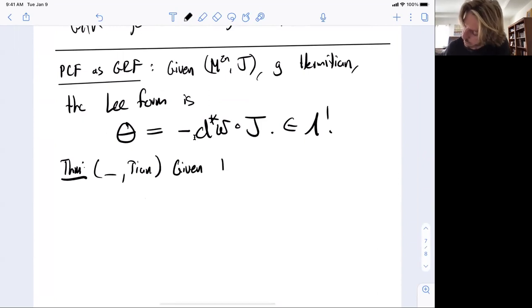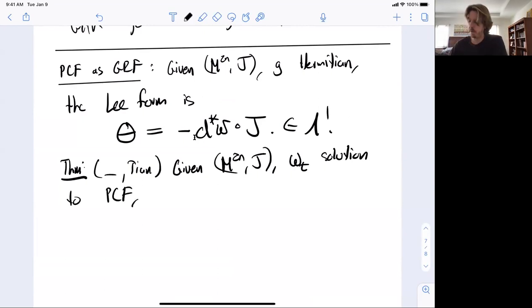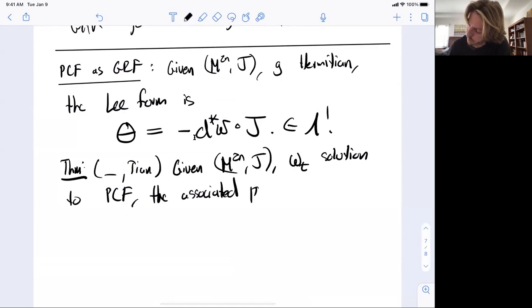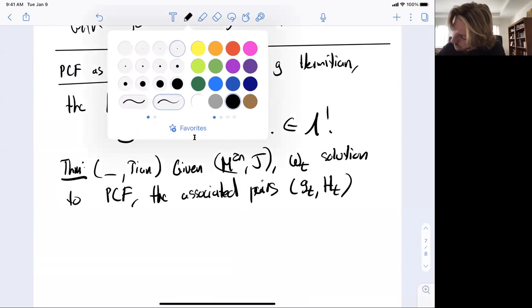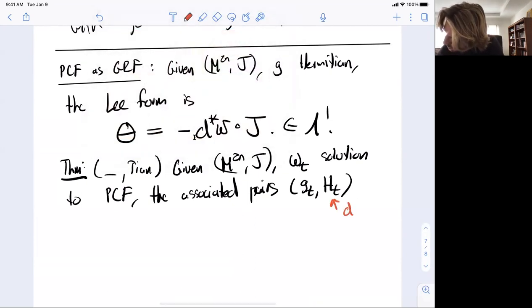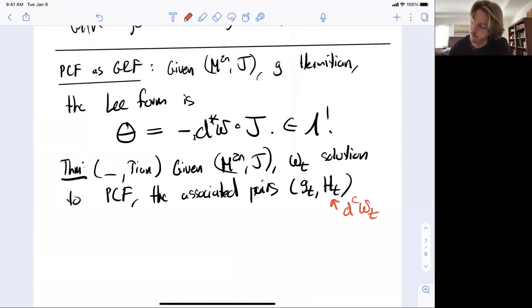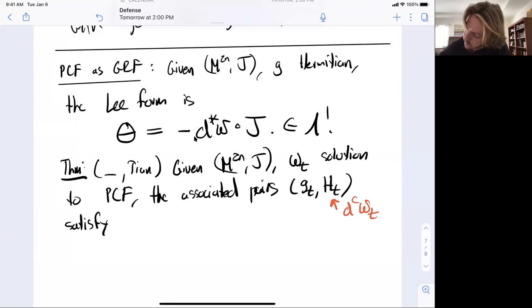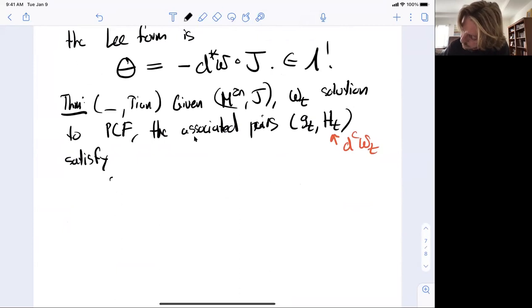So given M, J and omega_t, a solution to pluriclosed flow, the associated pairs, so I expressed it as a flow of Kähler forms, but the associated pairs of metrics G_t and H_t, where this H_t is dC omega_t, satisfy the following equation.